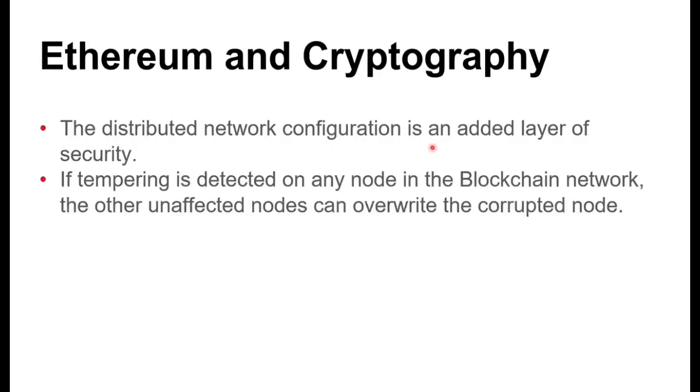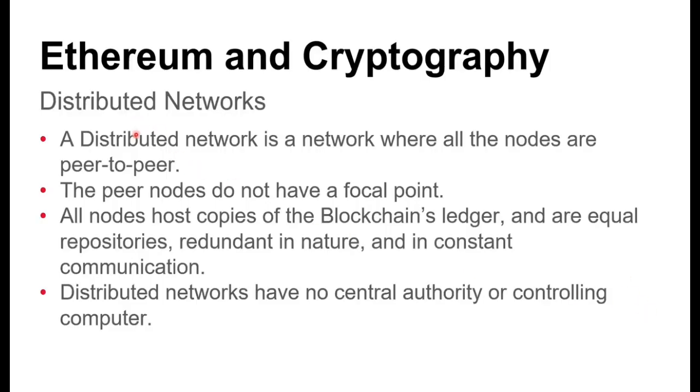The distributed network configuration is almost like another layer of security. If tampering is detected on any node on the blockchain network, the affected node can be overwritten with data from the unaffected nodes. If any corruption would take place, the data can be overwritten with uncorrupted data. With distributed networks, all the nodes are working peer-to-peer.